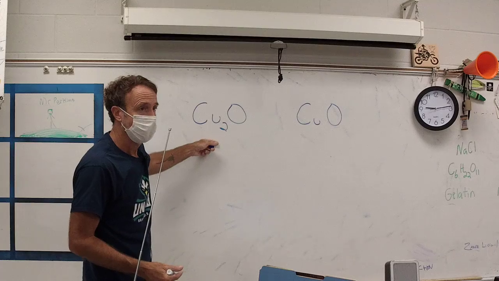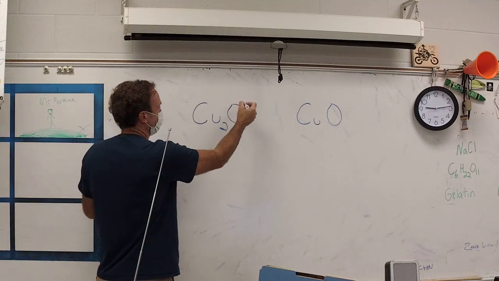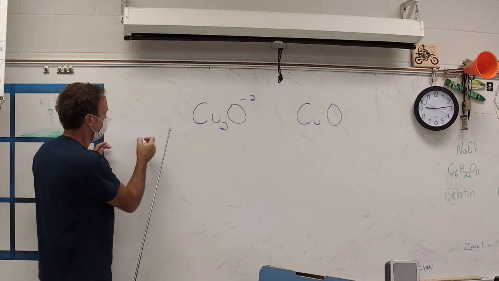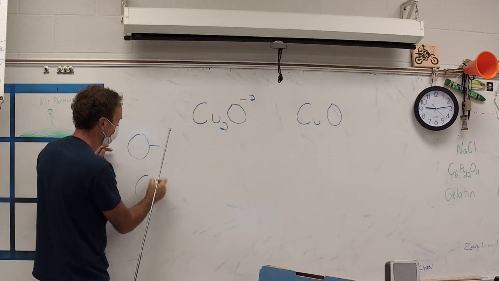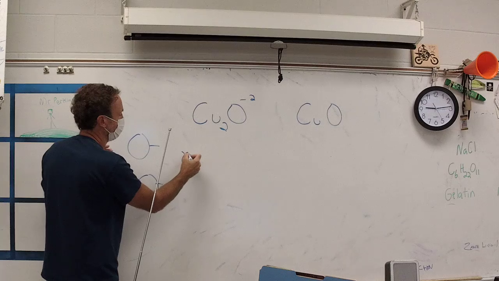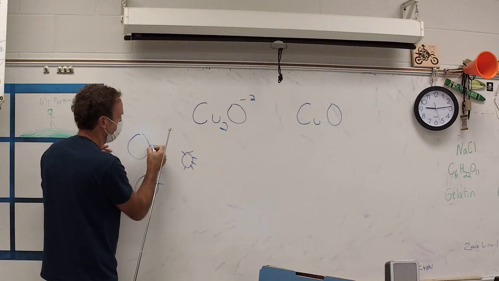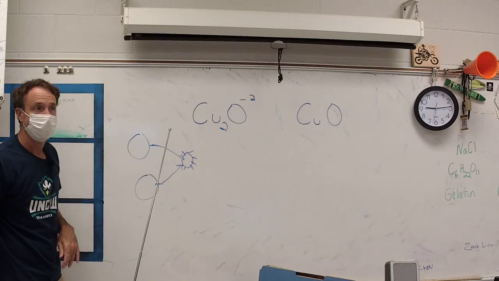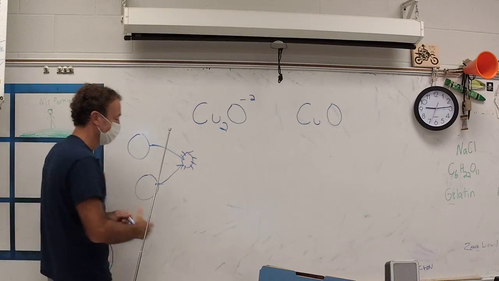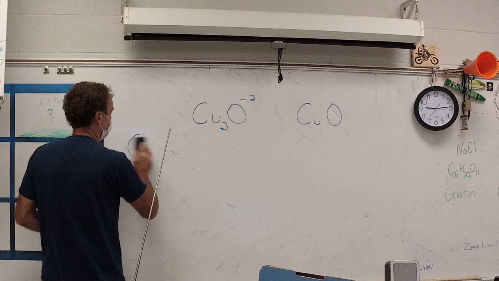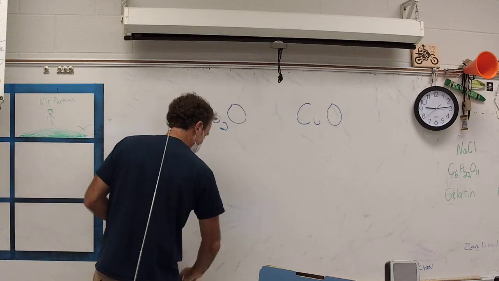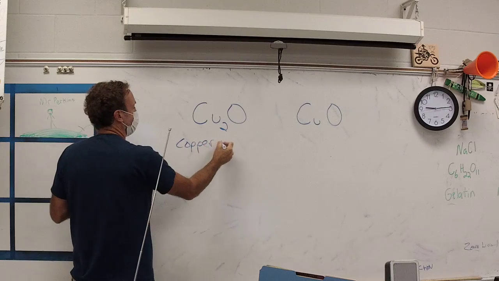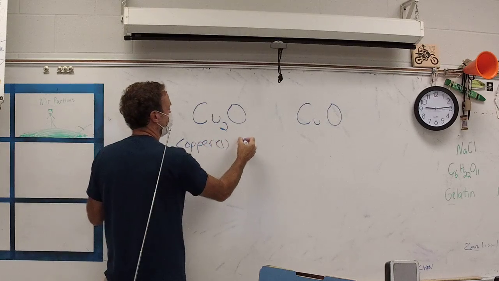This one, it takes two of these atoms to cancel out an oxygen. So if an oxygen has 6 valence electrons, each one of these has to lose how many electrons? 1. So if you see a formula that says Cu2O, then that one was copper, Roman numeral 1, oxide.